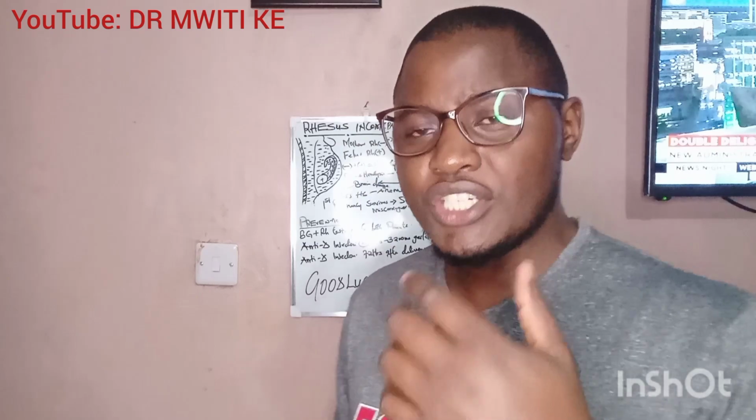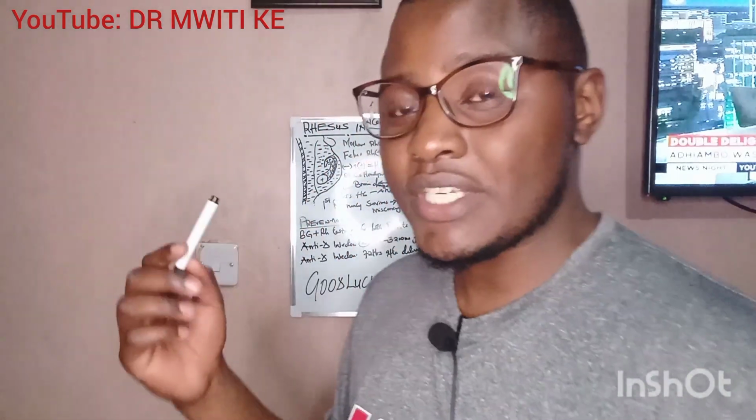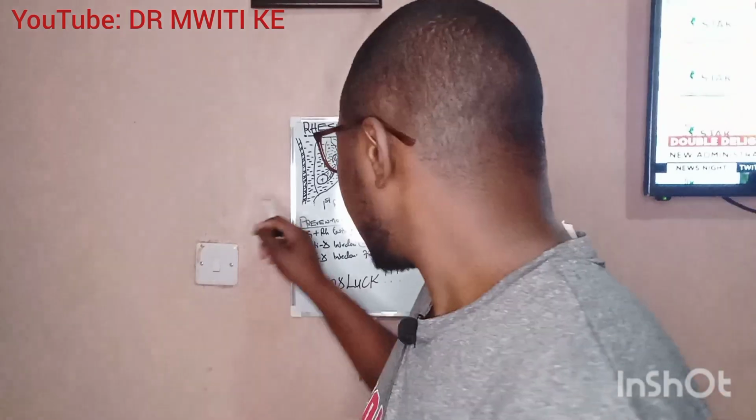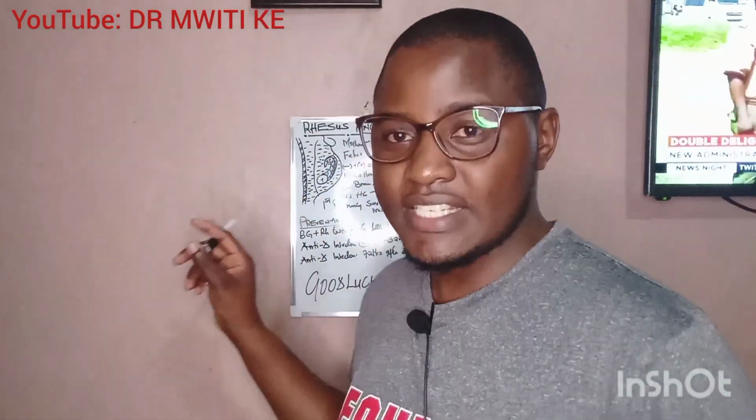What this means, a woman can be pregnant. The very first pregnancy will be successful. She will give birth, but from the subsequent pregnancies, this woman will start to experience miscarriages. So it means that anytime she gets pregnant and ends up carrying a Rhesus positive fetus, that pregnancy does not survive.